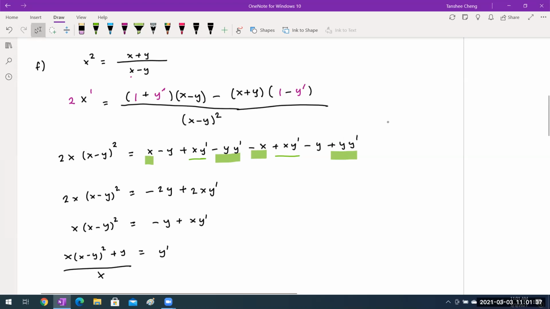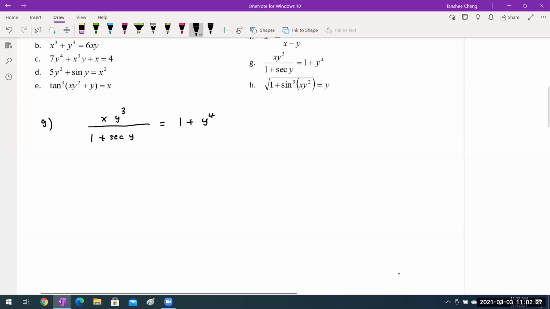So let's take a look at the next example. So for this problem, we can take derivative with respect to x, right? By using the implicit differentiation, and on the left-hand side, we can use the quotient rule, and then take a derivative on the right-hand side. So being said that, when I take derivative on the left-hand side using the quotient rule, on the numerator, what I need to do is use the product rule.